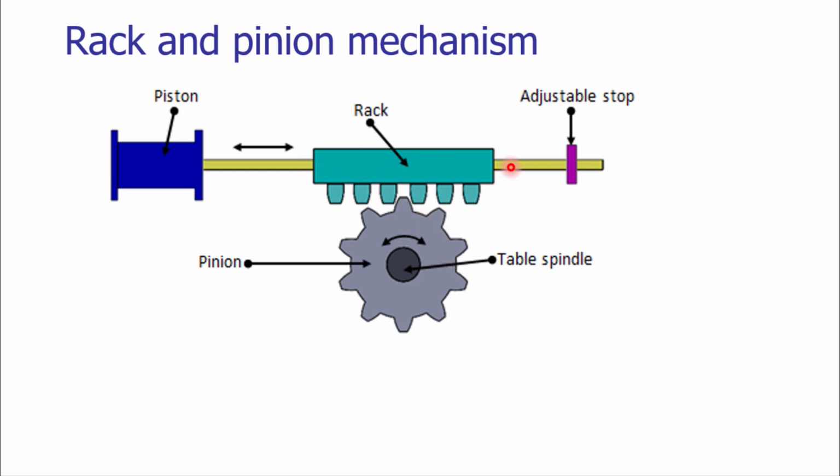The rack will move along this direction. There would be incremental angular motion of the pinion. Then the rack will be disengaged by using a clutch. It will get back to its original position, and again it will be driven by the piston. So to have the disengagement of the rack from the pinion and further engagement of the rack with the pinion, we need to have a clutch arrangement.